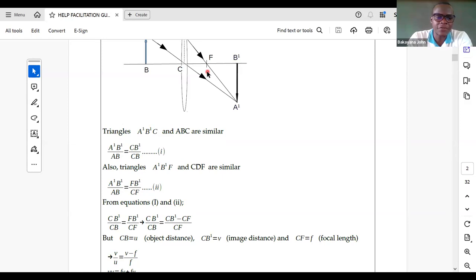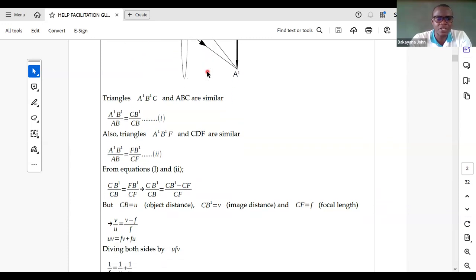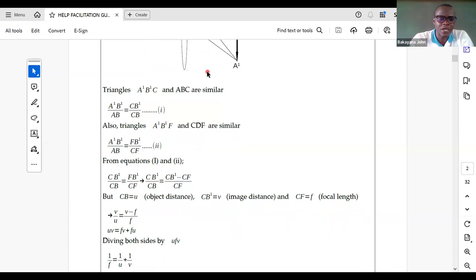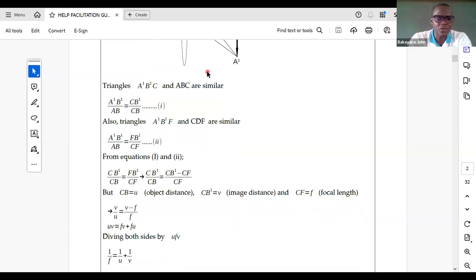The CF is the focal length, not so? So when you simplify this, you will come up with our formula, UV is equal to FV plus FU, of which if you divide by FUV, you come up with the lens formula.